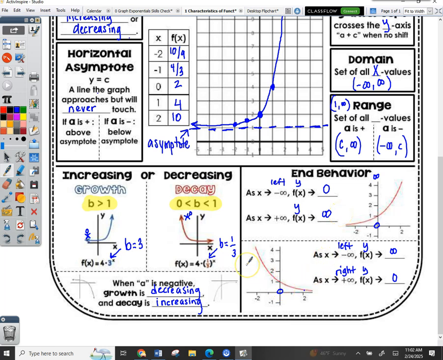What's the left side of the graph doing? What's the right side of the graph doing? The side that's shooting to the ceiling or shooting to the floor, that's either positive or negative infinity. But the side that's going out, like a tail, that's the one where you have to actually look at the y-axis and determine, okay?